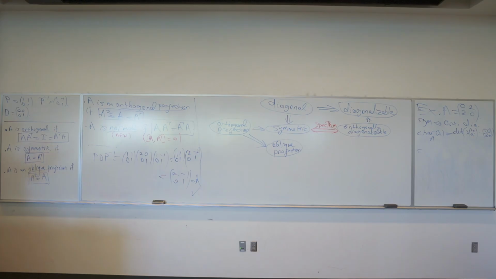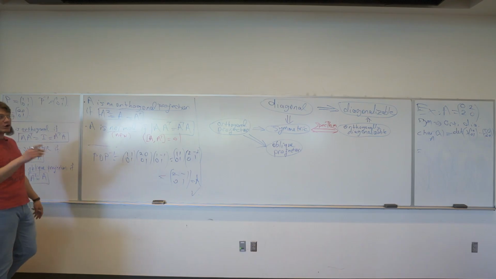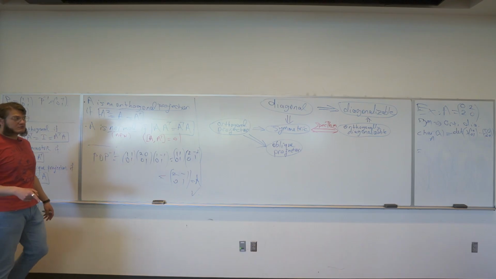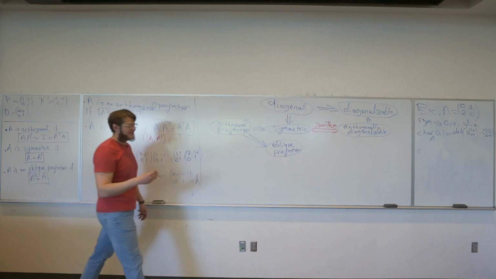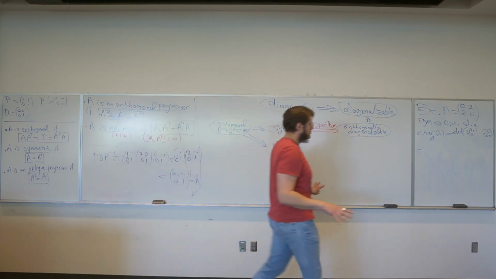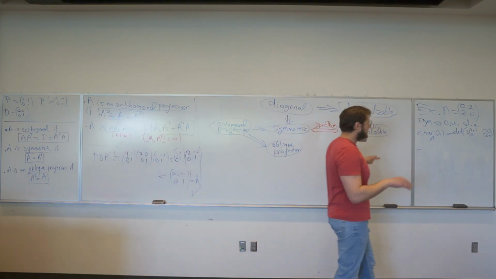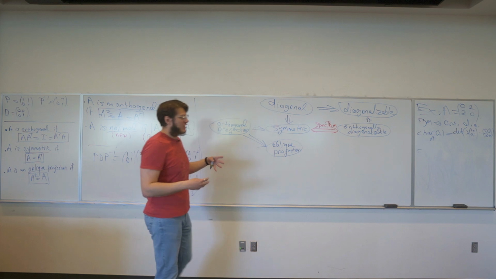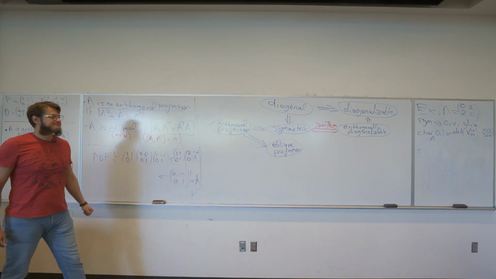But you cannot distribute determinant over linear combinations. You can distribute determinant only over products. Trace you can distribute over linear combinations. Determinant, no. That's why eigenvalues and eigenstuff in general is complicated. It's hard to compute these things.